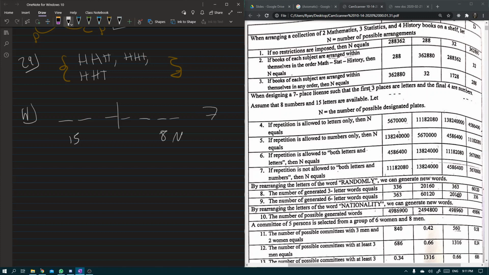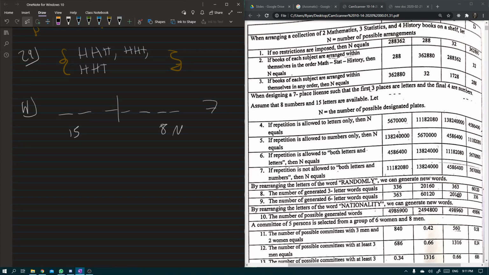If repetition is allowed to letters only, then this is 15, 15, 15. The numbers can't repeat, so 8 times 7 times 6 times 5. So 15 cubed times 8P4. Now the second one, repetition is allowed to numbers only. So then it will be 15P3 times 8 to the power 4.